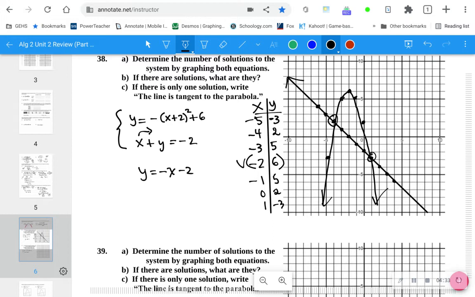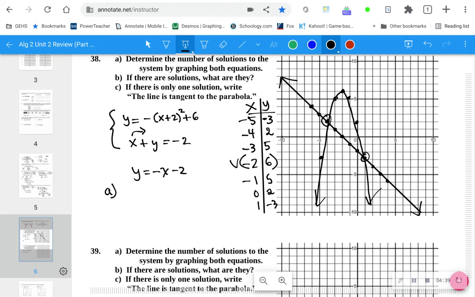So let's answer the questions now that we got the picture in front of us. Part A, how many solutions? There's 2. 2 solutions. 2 places where they cross. Part B, what are those solutions? Well, this one down here is at 1, negative 3.